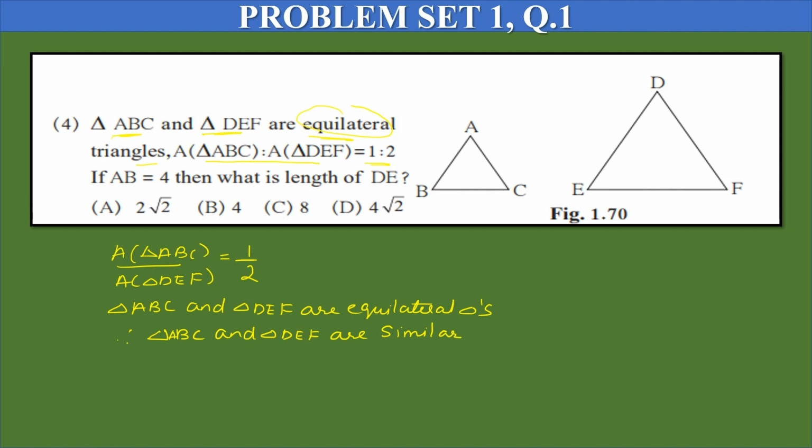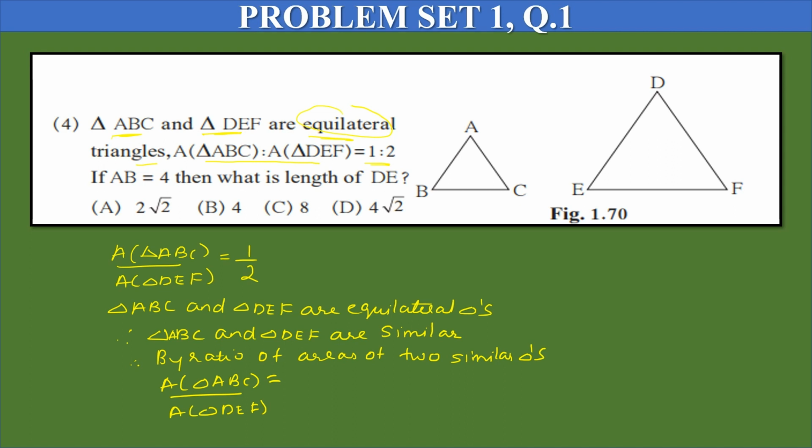If both the triangles are similar, by the ratio of areas of two similar triangles, we will get area of triangle ABC upon area of triangle DEF is equal to, from three sides we will take which side?